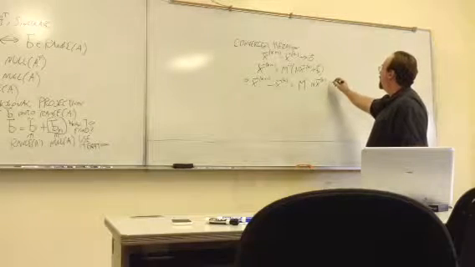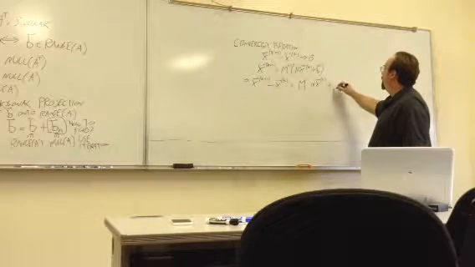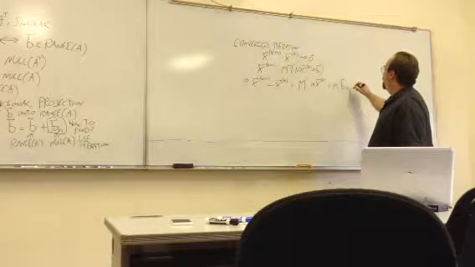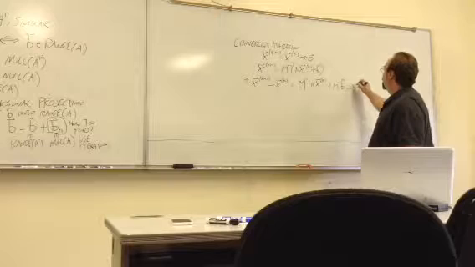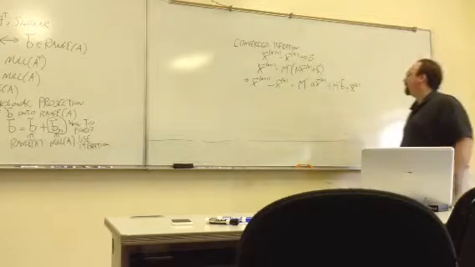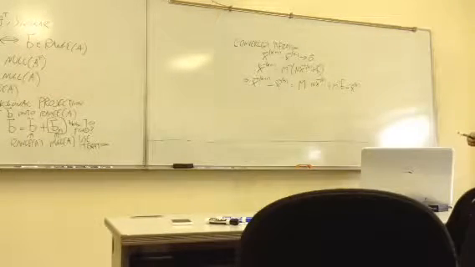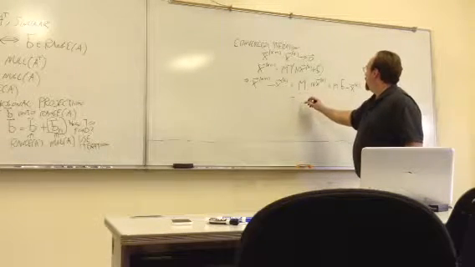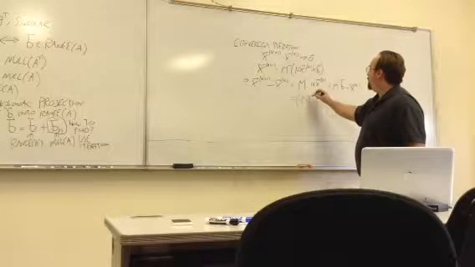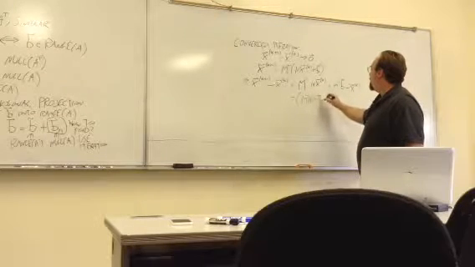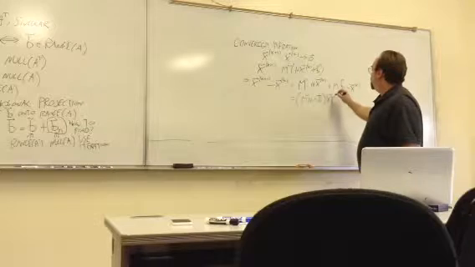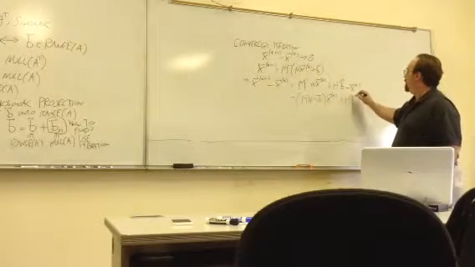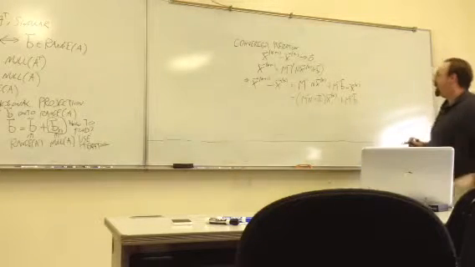So m inverse n xk plus m inverse b minus xk, just subtracting xk from both sides. So that is equal to m inverse n minus identity times xk plus m inverse b.